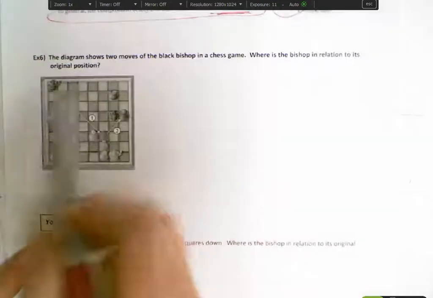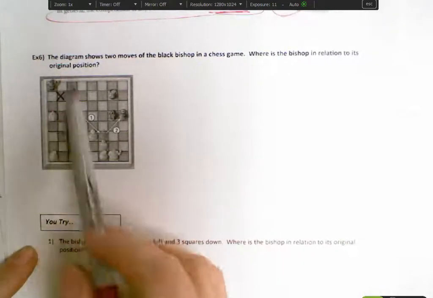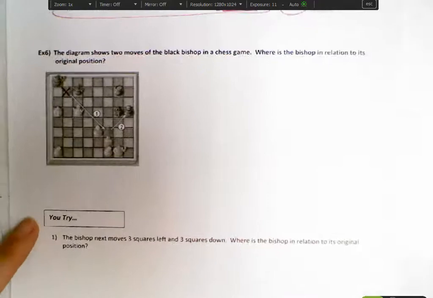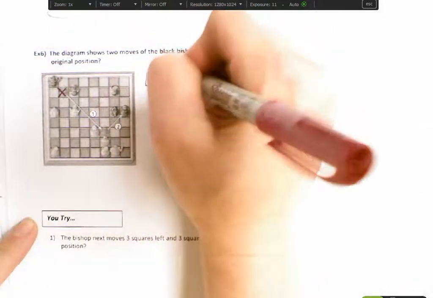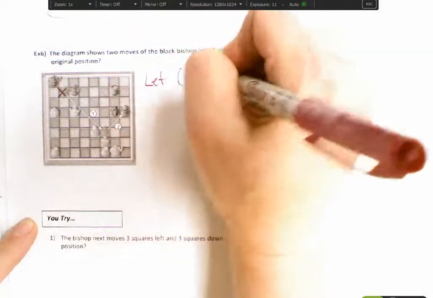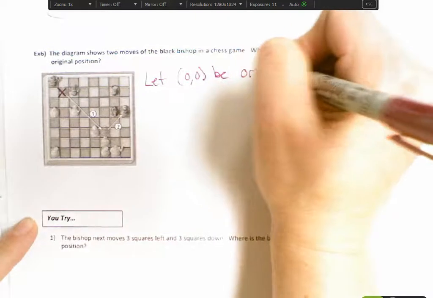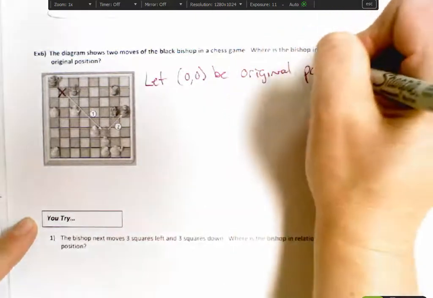Those of us who don't play chess and can't identify whether this is G2 or whatever that cell is, then we need to identify the original position. So we're going to let 0, 0 be the original position.